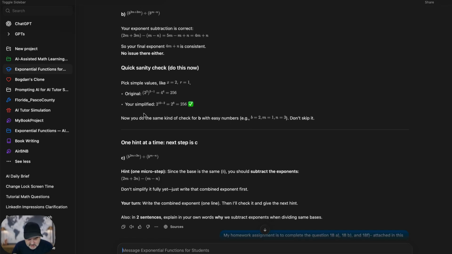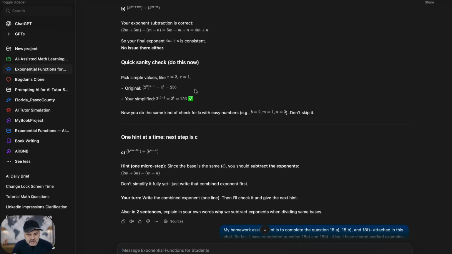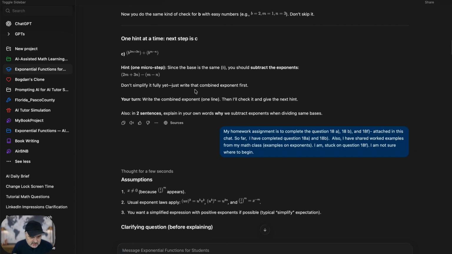It verifies that I simplified, and it also does sanity checks. For example, the AI was instructed to do that at each step, and it picks random numbers for the values of x and r and verifies that the application of exponent rules does work in this particular case.